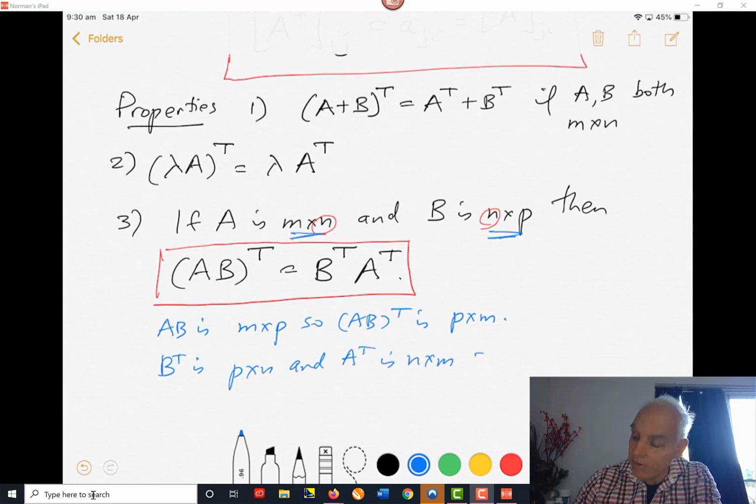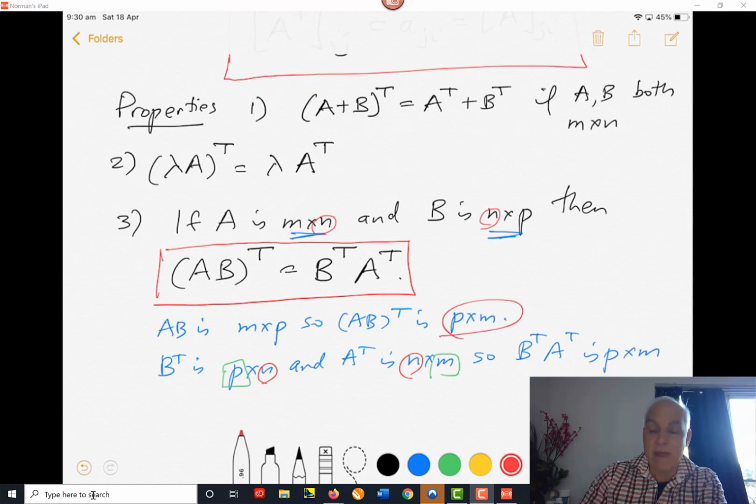So B transpose times A transpose is, now these n's also agree, but the other elements are p and m. So we get p by m. So this dimension of (AB) transpose agrees with the dimension of B transpose times A transpose.